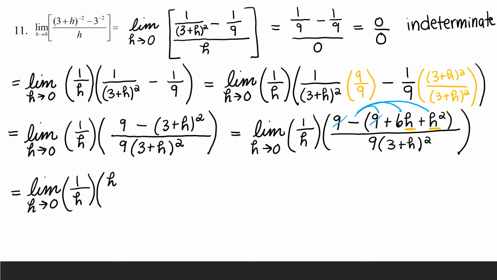So I have h times negative 6 minus h. Oh, minus h. I thought and I still did the wrong thing. All over 9 times the quantity of 3 plus h squared.